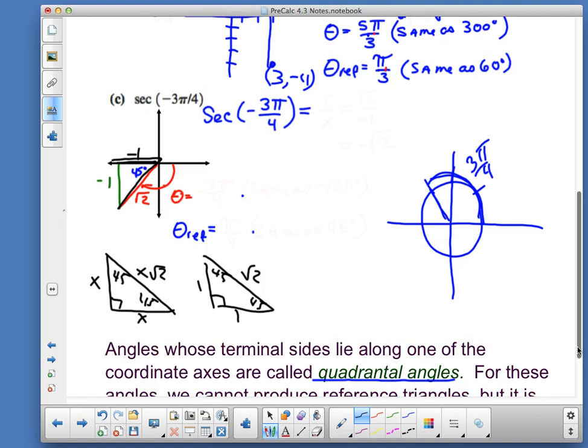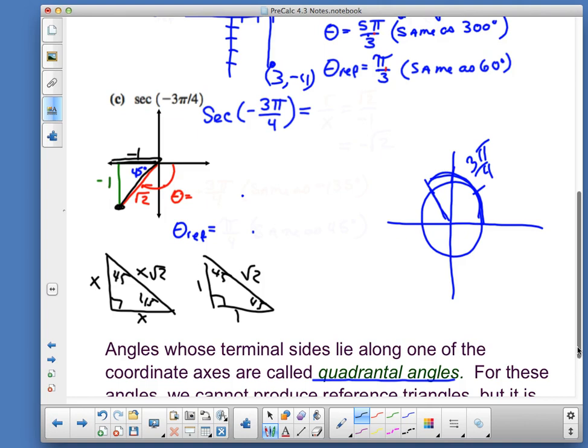Are there any questions about why I have negative 1, negative 1 at this point in my reference triangle? Does the orientation make sense? In the third quadrant, x and y would both have to be negative.